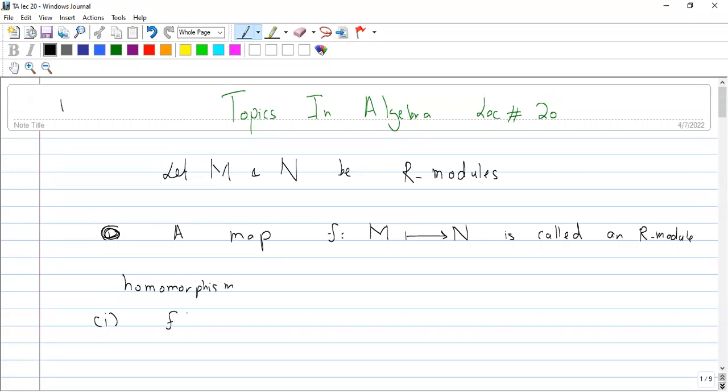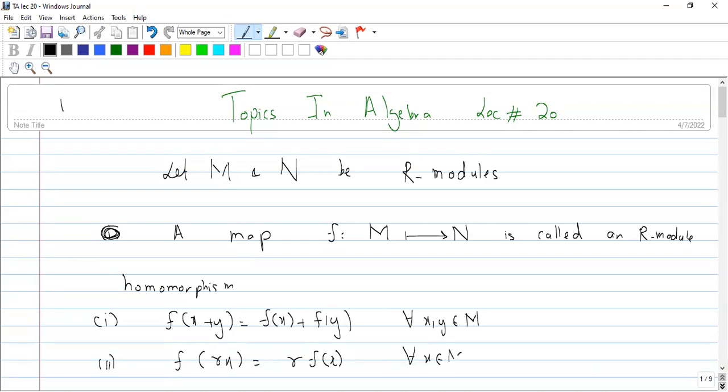That f of x plus y is equal to f of x plus f of y for all x, y in M. And number two condition, which is about linearity, that f of alpha x, or f of rx, is equal to r times f of x for all x in M and for all r in R.